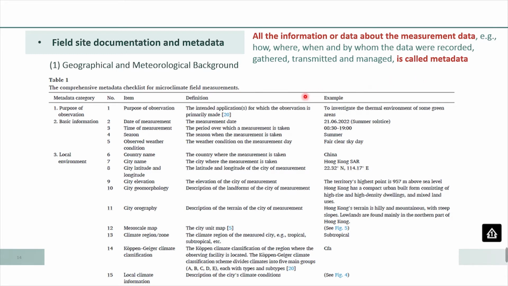And for this checklist, we refer to the WMO metadata standard and the reviewed studies. And we also list all the items that we think are important and provide the definitions. We also apply Hong Kong as an example to show the metadata for the local environment. So if you want to describe your city in your paper, I will recommend this checklist for your reference.